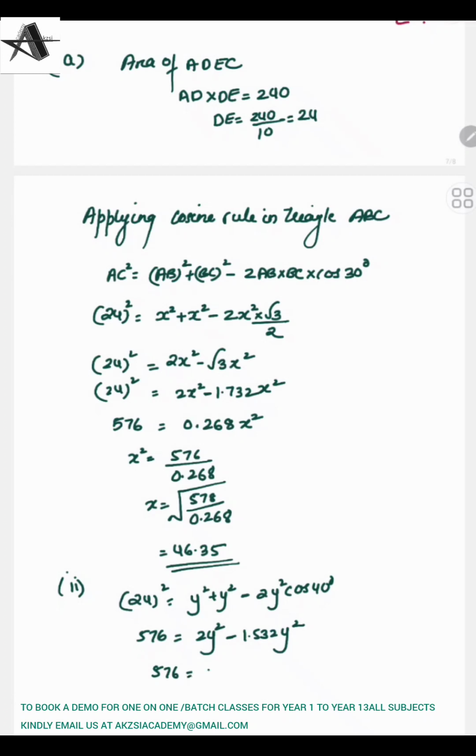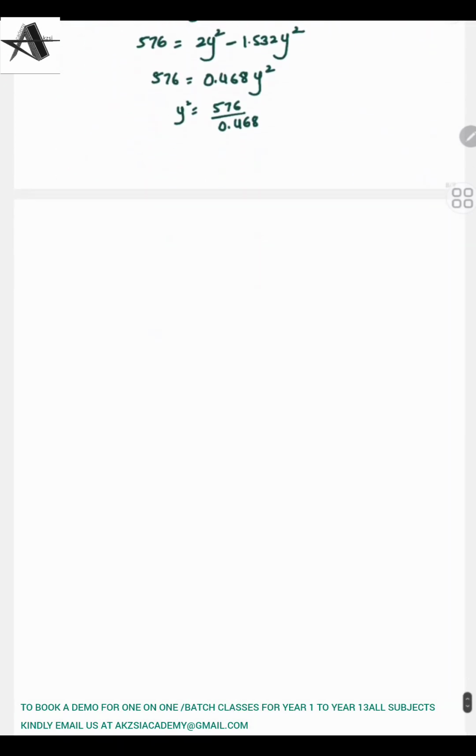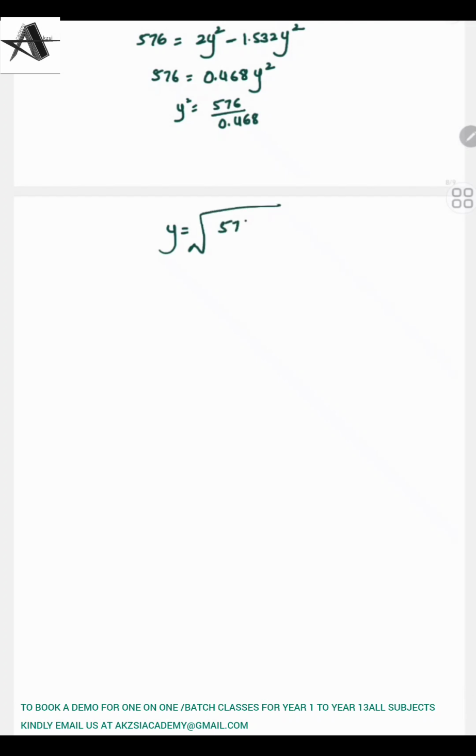So 576 equals 0.468 y squared. Y squared is equal to 576 over 0.468, or taking the root, y is equal to the root of 576 over 0.468. Finally we get the answer as 35.1 centimeters. So we have calculated both the values.